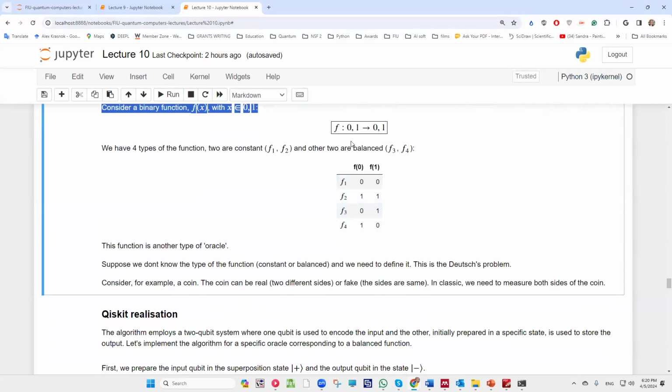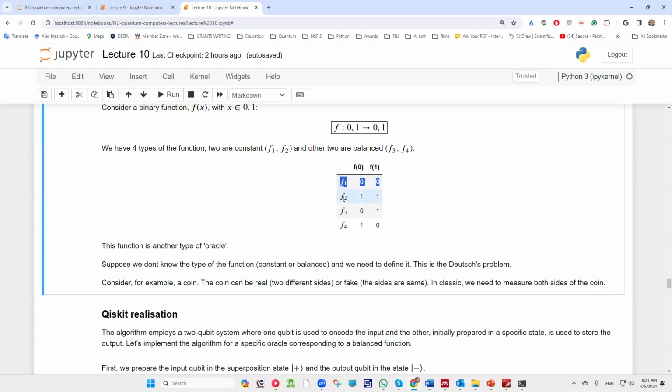Here I summarize what I just said. We have a function, it gets 0, 1. For example, for a one qubit system, we can have only these two options, and it returns 0 and 1. Therefore, we have 4 possible cases. When we send 0, we get 0, and if we send 1, we get 0, then the function is constant.